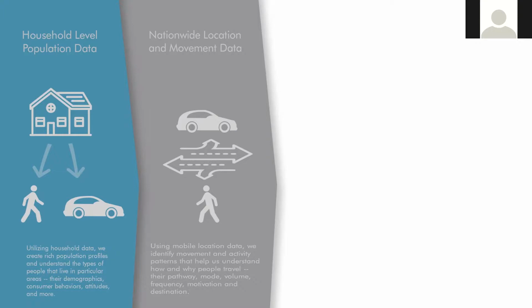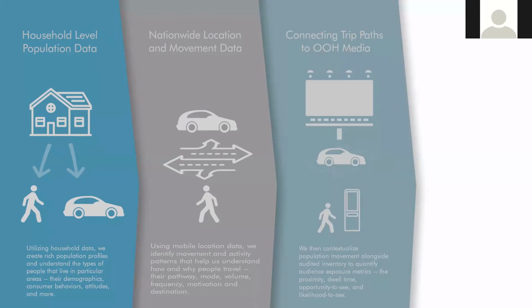Okay. So we understand who they are, we understand how they're moving, and then we need to connect those trips to the media that's out there on the roadways. So we contextualize that movement alongside the audited inventory.